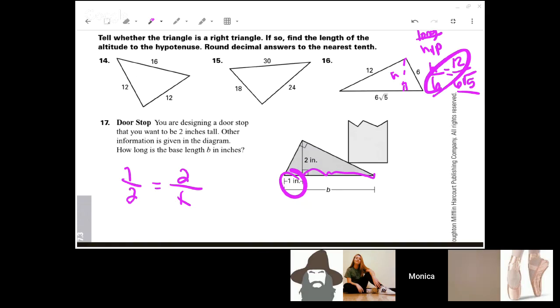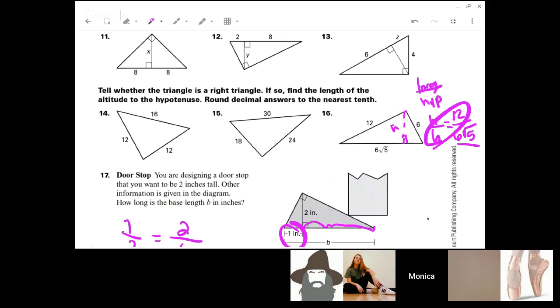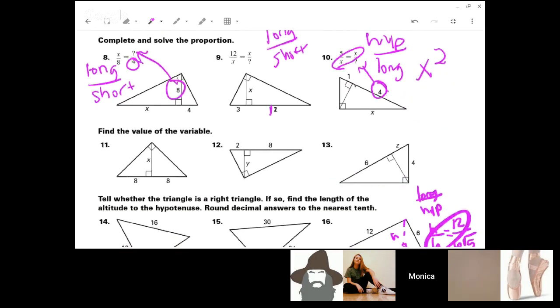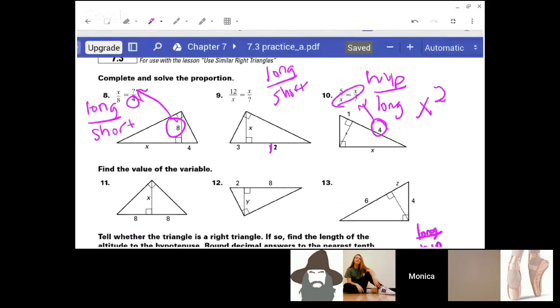Remember, Charlotte Ann, when you divide these triangles by dropping an altitude from the right angle down to the hypotenuse, we divided it into 3 similar triangles. Let me erase some of this, okay.